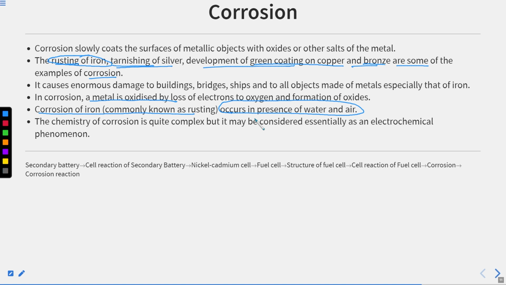Other metals can be corroded in the presence of other external elements also, right? Now the chemistry of this corrosion is quite complex, but it may be considered essentially as an electrochemical phenomenon. So we'll see the complication. What is the electrochemical reaction that goes on?